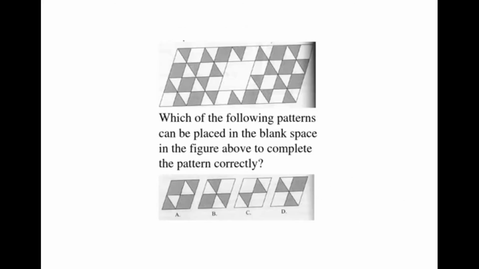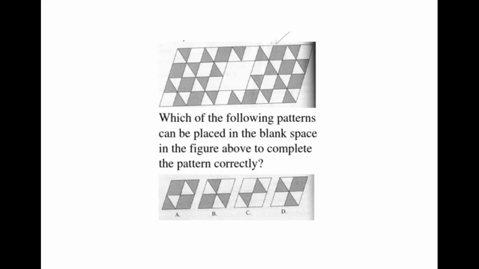Which of the following patterns can be placed in the blank space in the figure above to complete the pattern correctly? So we have our figure here. We are going to consider the pattern used in our figure.